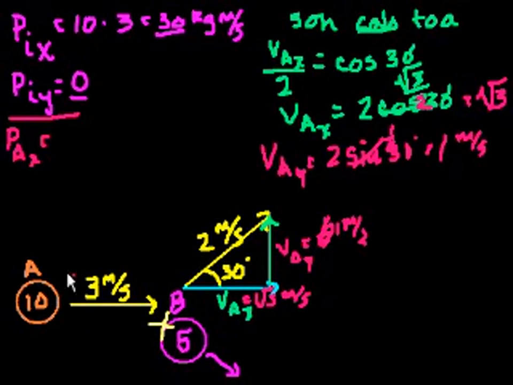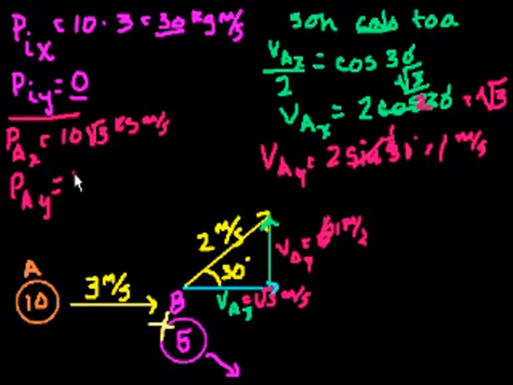Square root of 3 is the velocity, 10 is the mass. So it's 10 square roots of 3 kilogram meters per second. And the momentum of A in the y direction, since it's going up, we'll say is positive. It's 1 meter per second, the velocity, times the mass. So 10 times 1 is 10 kilogram meters per second.